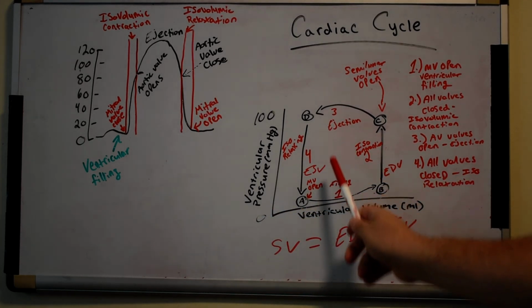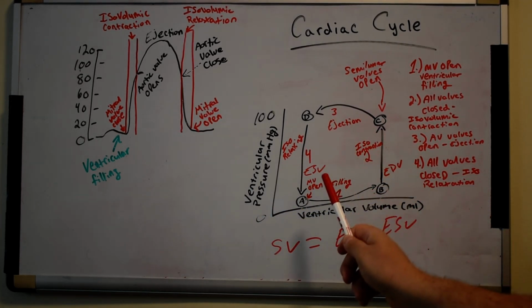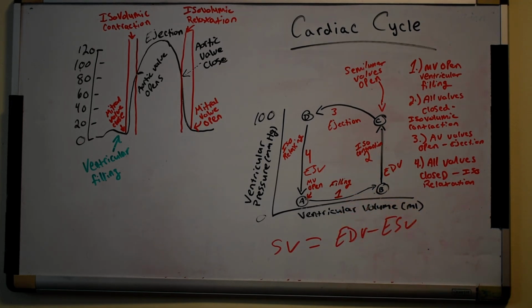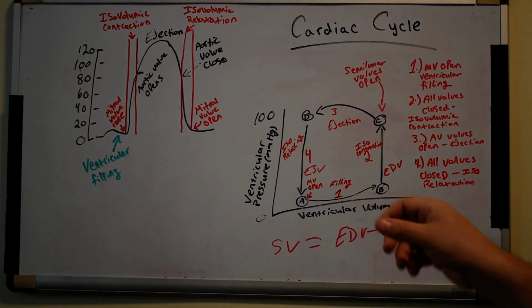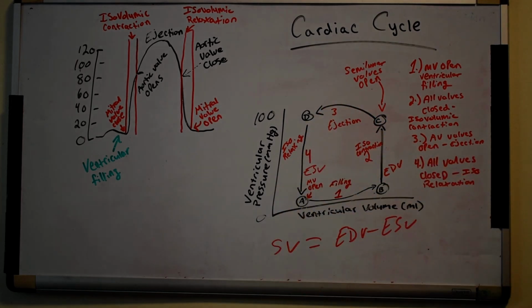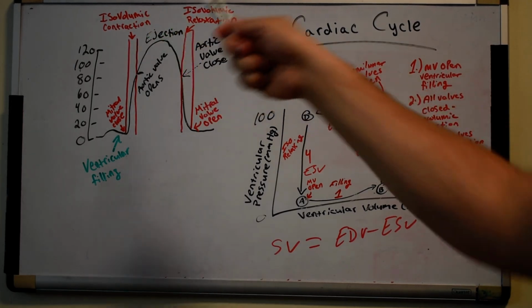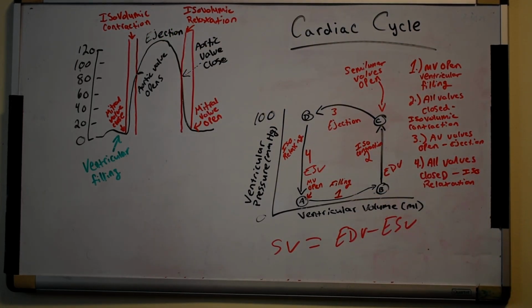So yes, this area inside the pressure volume loop basically represents myocardial work, or the amount of stress that the heart is put under. And during exercise, yes, this widens. But from exercise, we lower resting heart rates, we lower the number of times the isovolumic contraction happens.